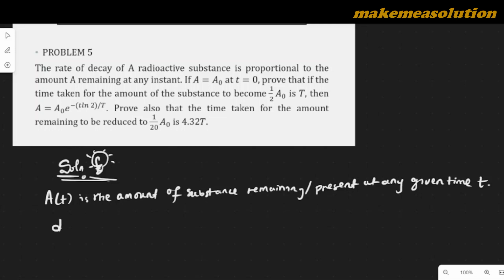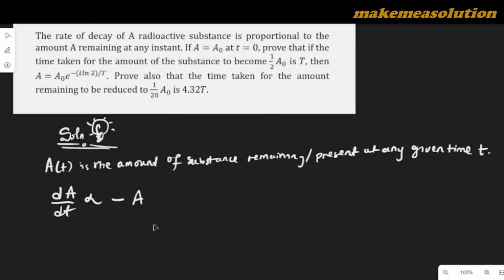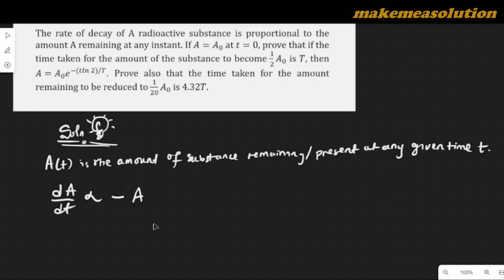So the rate of decay, dA/dt, is proportional to the amount remaining, and this is going to be in negative A. Remember, when you're dealing with decay problems, you should always use negative A in this case to represent the amount.